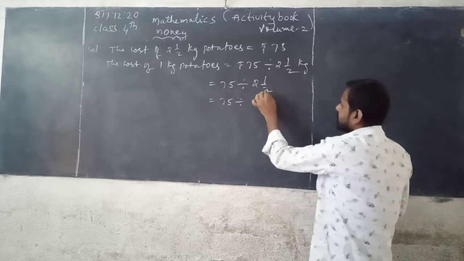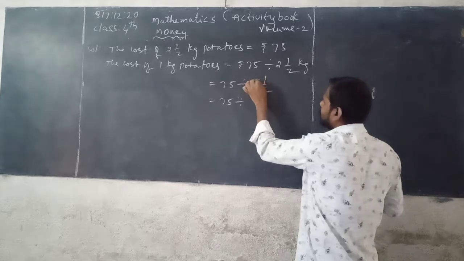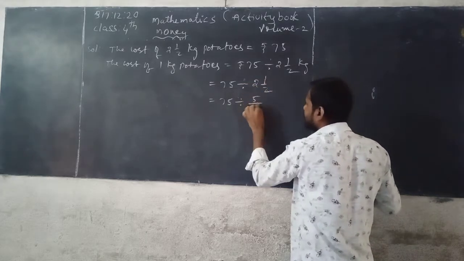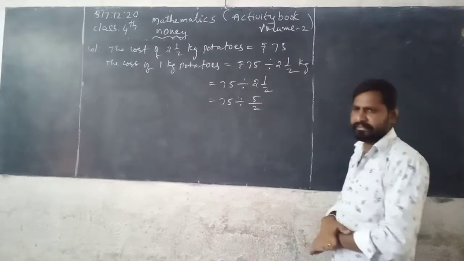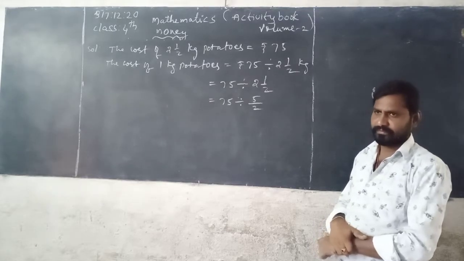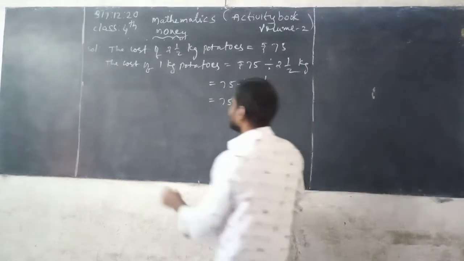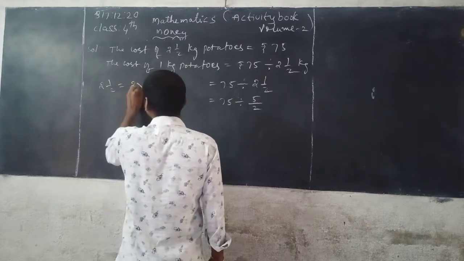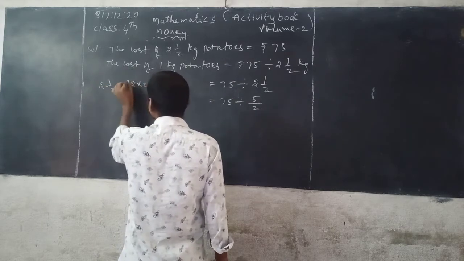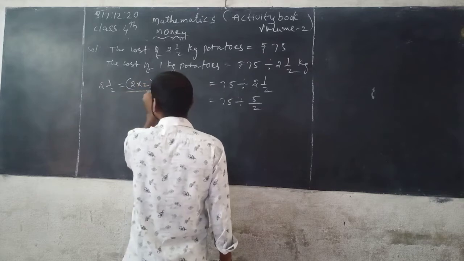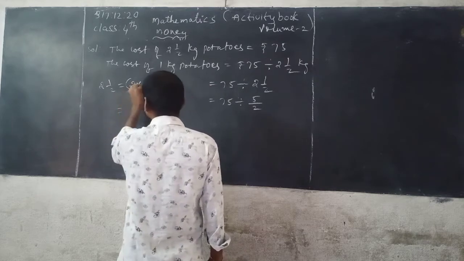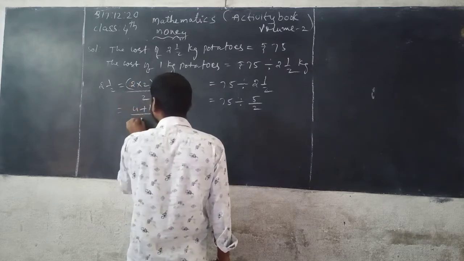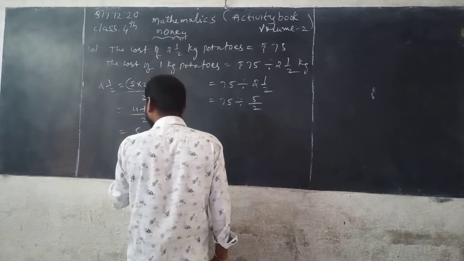See here, 2 2s are 4, 4 plus 1, 5 by 2. Did you understand this? 2 whole 1 by 2 is equal to 2 into 2 plus 1 by 2. 2 2s are 4 plus 1 by 2. You can get 5 by 2.